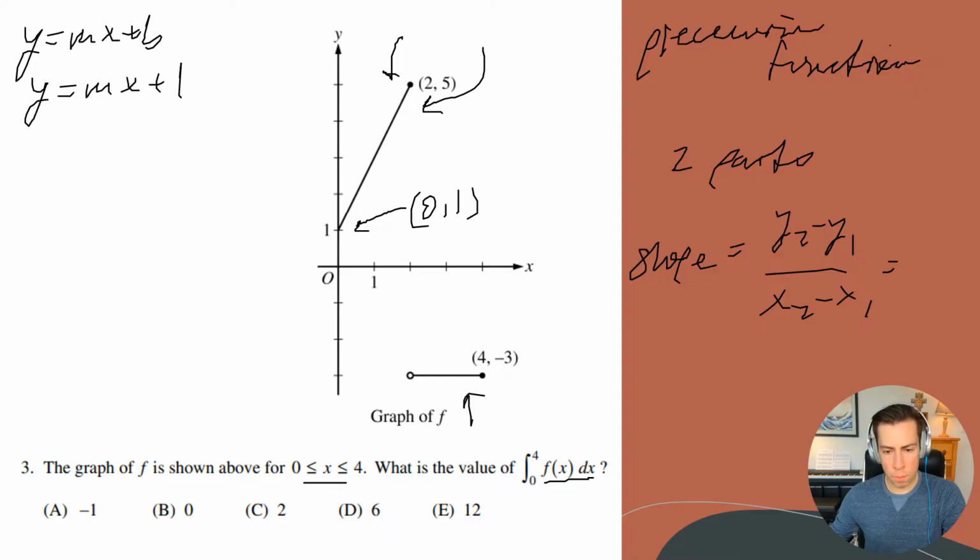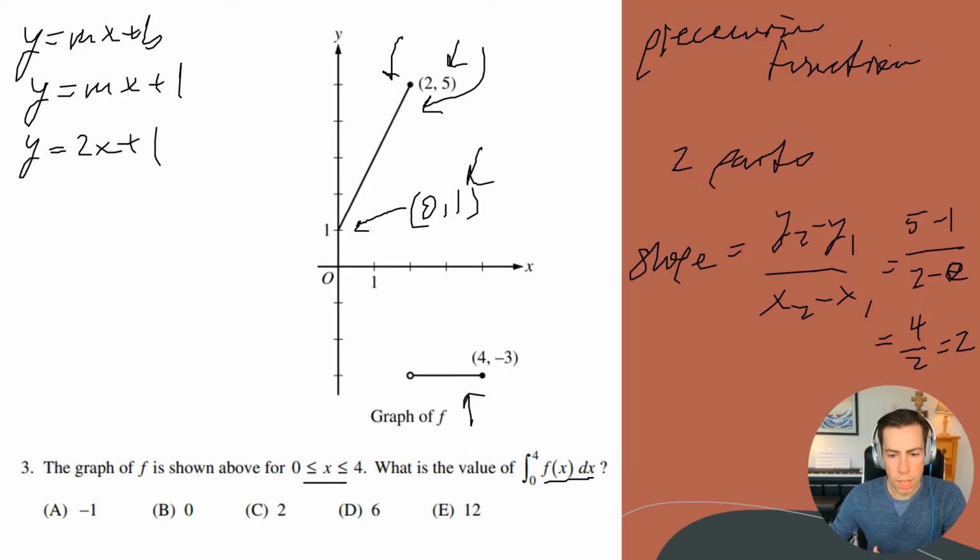My second y value is 5, and my first y value is 1, so I have 5 minus 1, divided by 2 minus 0. This simplifies to 4 over 2, which is just 2. So now I know that my first function is y equals 2x plus 1.